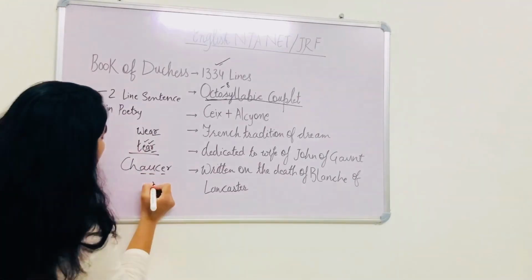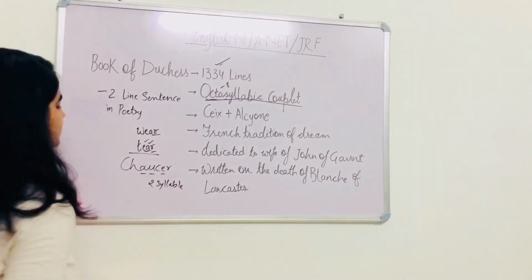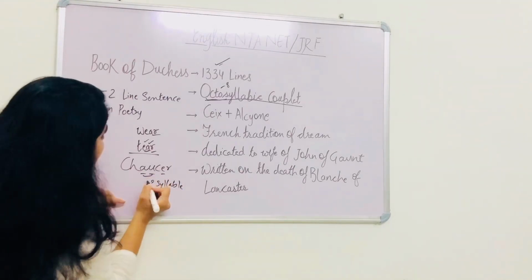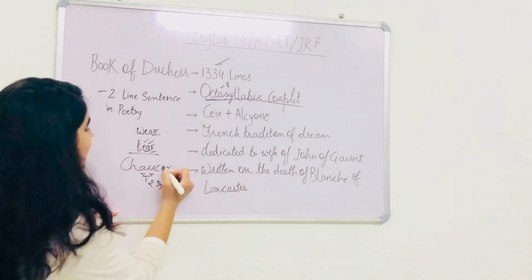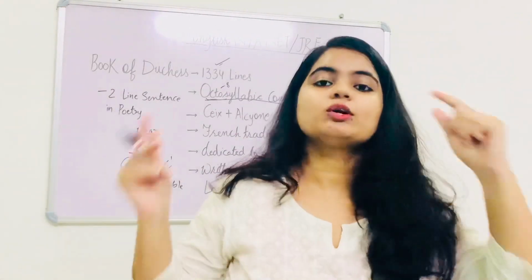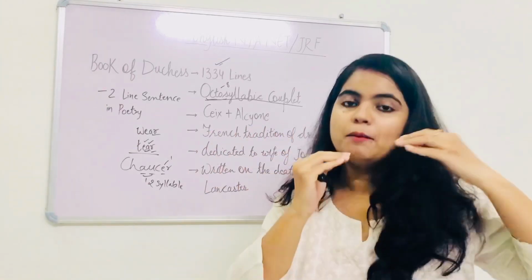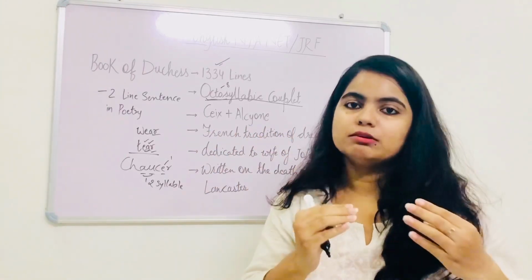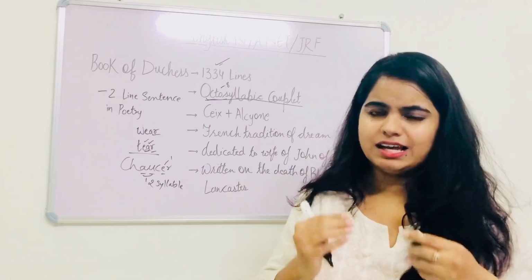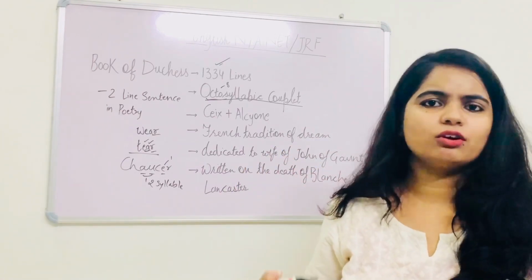So here we have 2 syllables, because we will count these two together as 1 and this will be counted as another one, right? So there are 2 syllables. So if you can count how many syllables are in a poetic line, then you will be able to count 8, 9, 10, 11 or whatever they are.